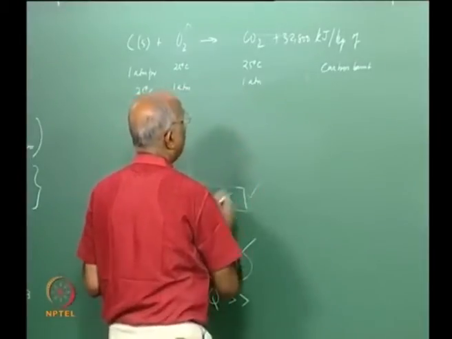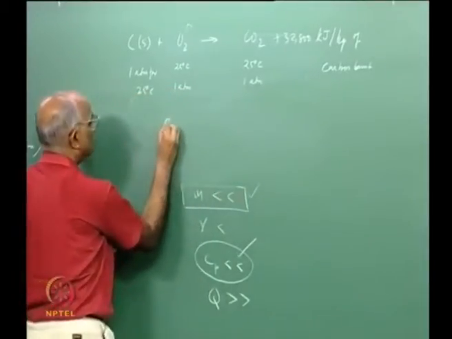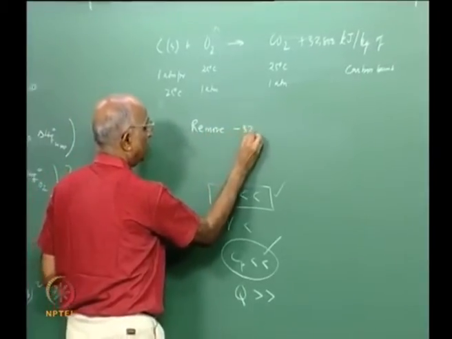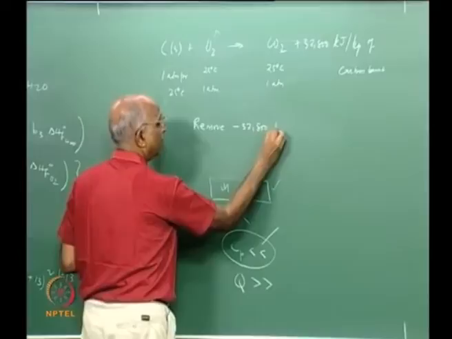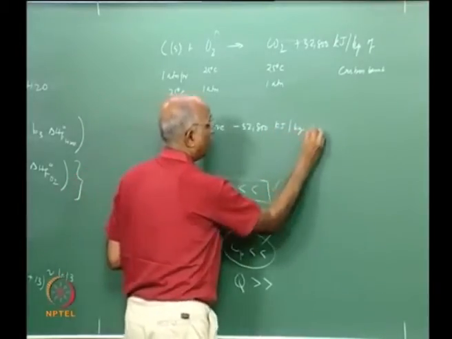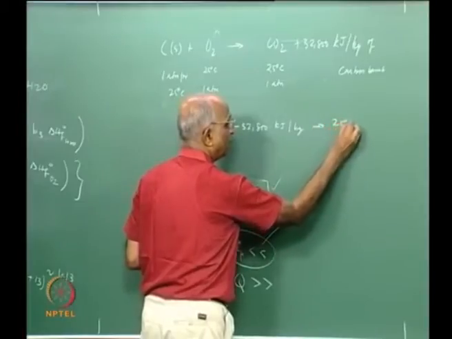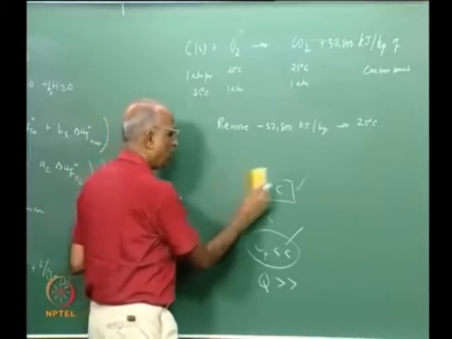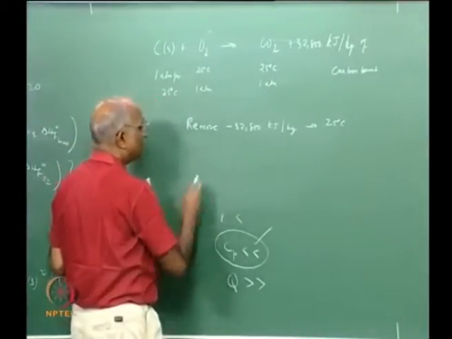That means I have to now remove 32,800 kilojoules per kilogram of carbon burnt, so that the products can again be at 25 degrees centigrade, right. Now therefore, the heat of formation of this should have something like a minus.